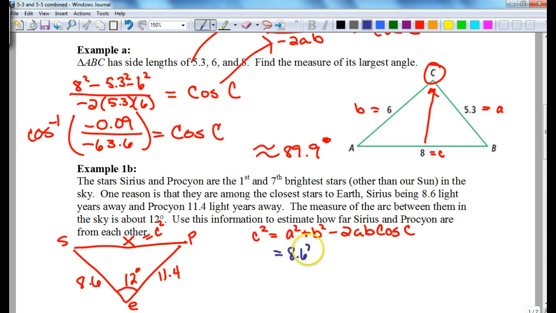Okay, 8.6 squared plus 11.4 squared minus 2 times 8.6 times 11.4. This is going to be x right here, so I just made it equal to c squared. Cosine, what's my angle? 12.